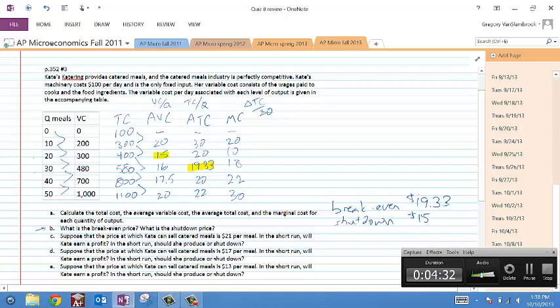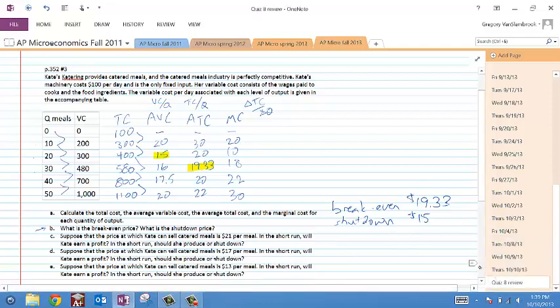Next, suppose the price at which Kate can sell catered meals is $21 per meal. In the short run, will Kate earn a profit, and should she produce or shut down?